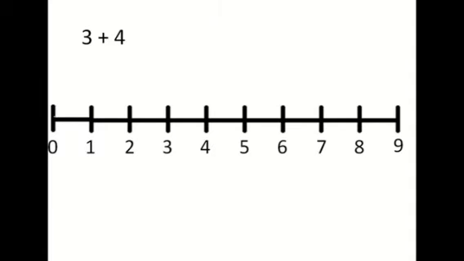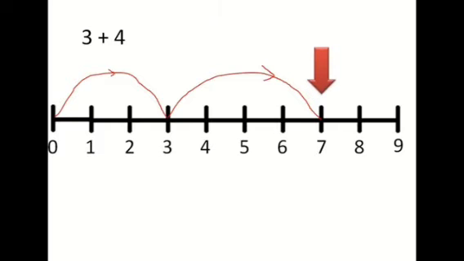So, let us do it. From 0 take 3 steps. I have reached 3. Now, I am counting 4 steps. From 3, 3 to 4, 4 to 5, 5 to 6, then 6 to 7. So, you have landed on 7 here.